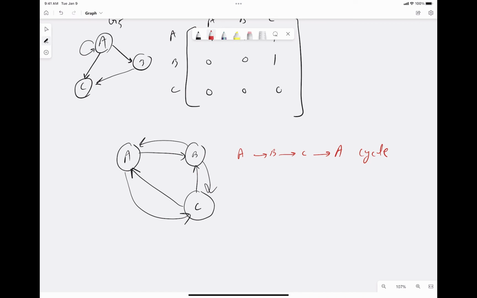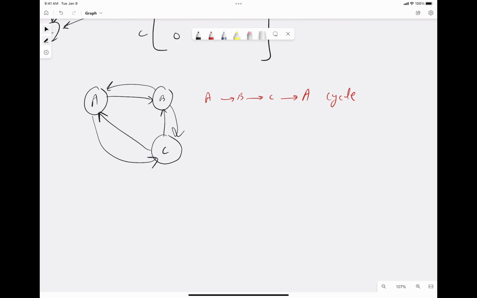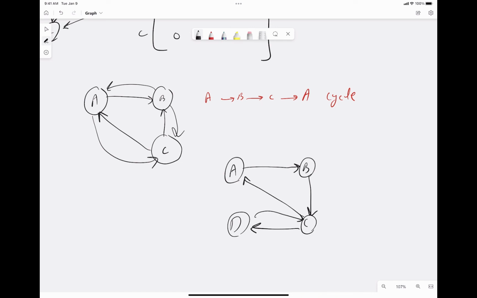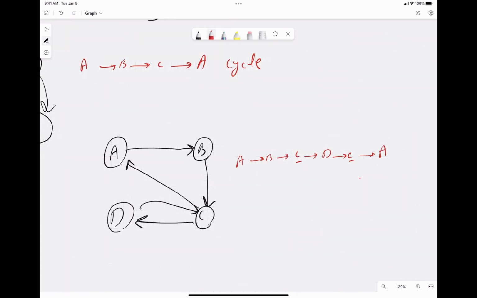One other thing that we could do is show an example of a circuit. So we want to draw another one: A, B, C, and D. Here I'm going to draw B to C, C to D, and to A. As you see here, there is a circuit from A to A itself, going from A to B, and from B to C, from C to D, and then from D to C again, and then from C to A. So it's a circuit but not a cycle, because the vertex C is visited twice.